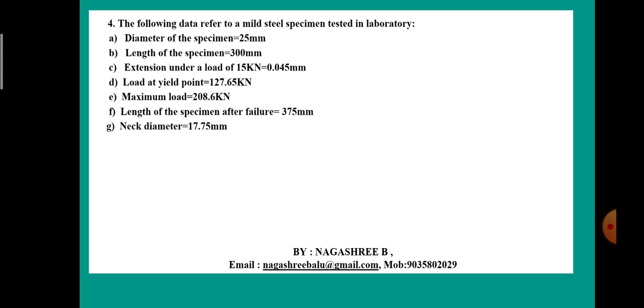So the initial length is 300, which is less than the length at failure, but the initial diameter is 25 mm, while the neck diameter, or the diameter at failure, is 17.75. Therefore the dimension along the load applied increases from 300 to 375, and the perpendicular dimension decreases from 25 mm to 17.75 mm. So this is the concept.